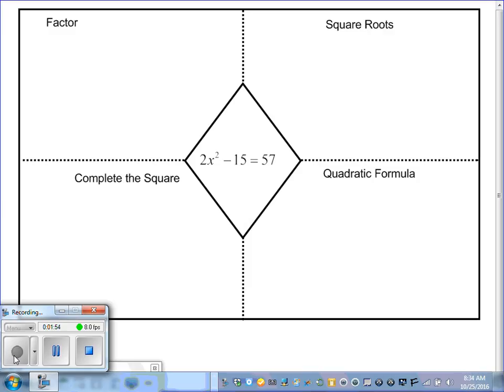What did we learn that I can calculate pretty quickly that tells me whether or not it's factorable? The discriminant, the b squared minus 4ac. Remember we learned about that? What does your discriminant have to be so that it's factorable?